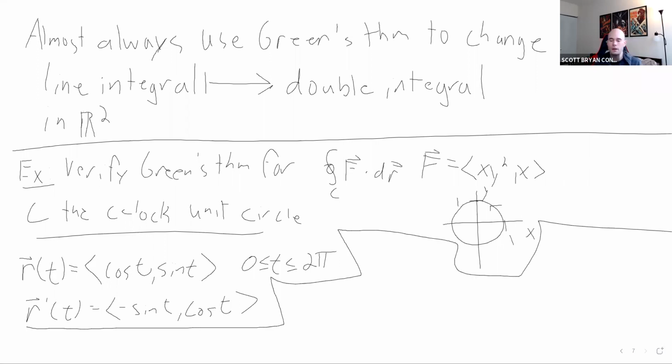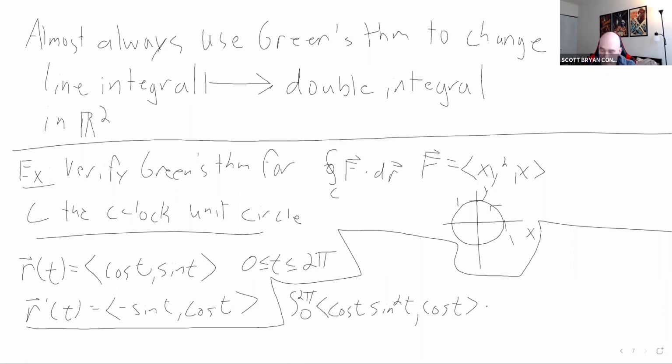Alrighty. And so we get the integral from 0 to 2 pi. Our vector field f, we replace x and y with the parameterizations. So xy squared becomes x becomes cos t, y becomes sine t, so cos t sine squared t. And then x becomes cos t.